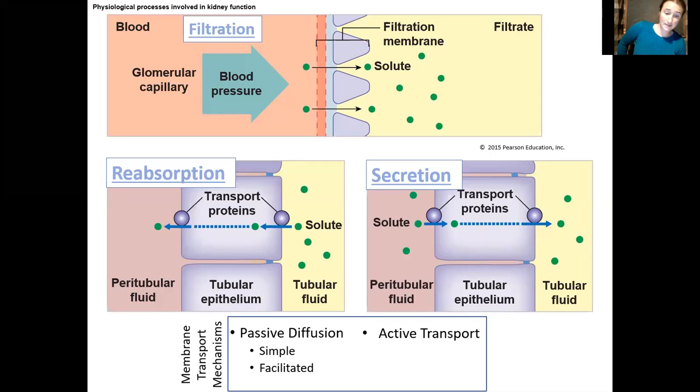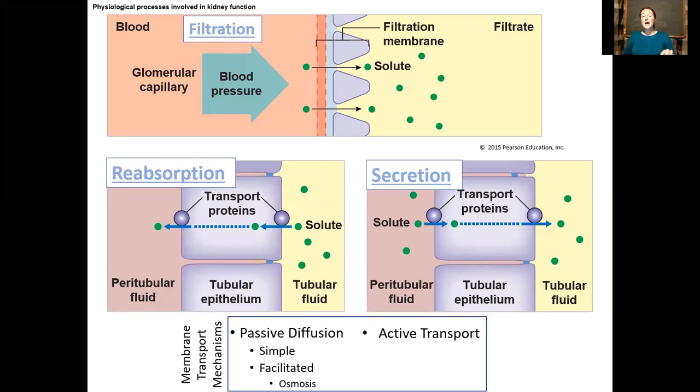Certain things can just jump over the membrane. Respiratory gases, of course, can just pass over the membrane with their concentration gradient. Facilitated diffusion is much more common in the kidneys. Again, that is adding these transport proteins into different areas of the tubule to allow solutes to go with their concentration gradient, but only at certain parts, and we'll get into that in a moment.